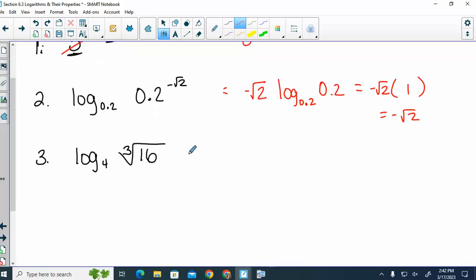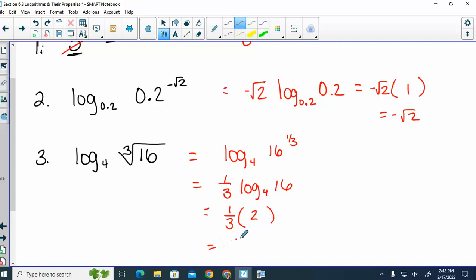How'd you guys do 3? You need a common base. Okay, so two ways, and I'll talk through both of them. If you move the 1/3 down, so we have 1/3 times log base 4 of 16, this says 4 to what power equals 16? 2.